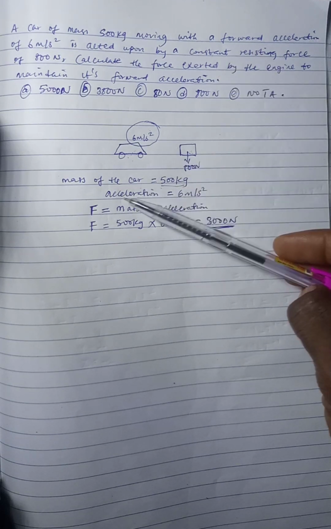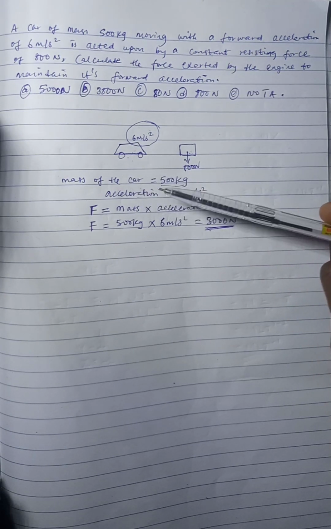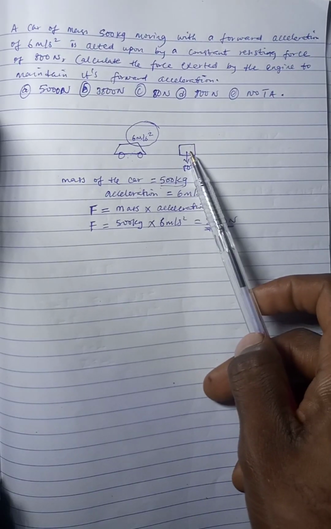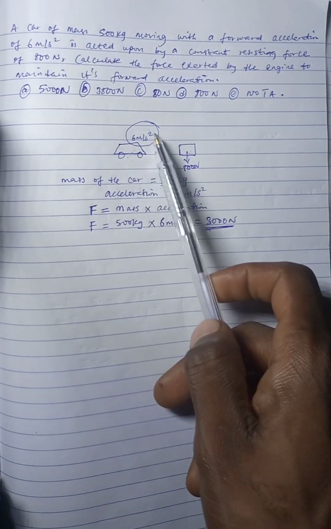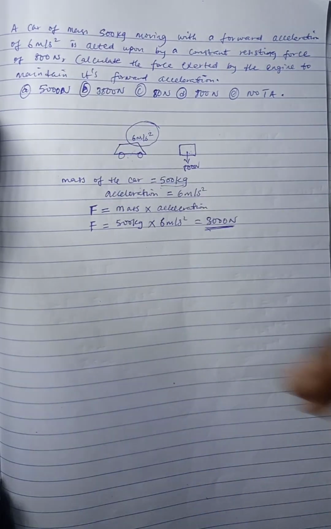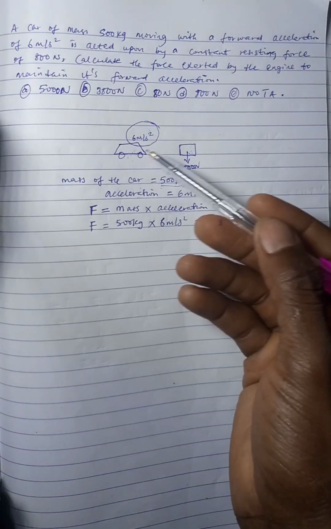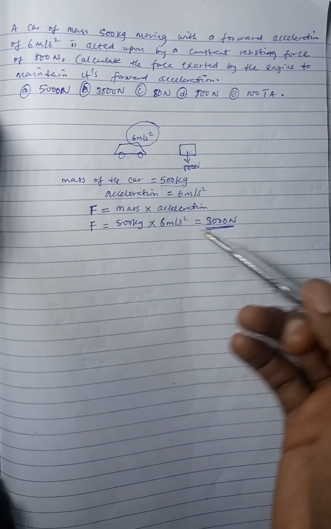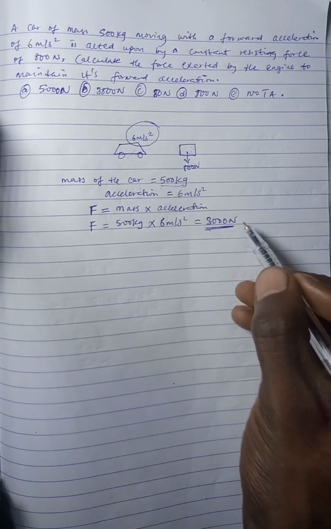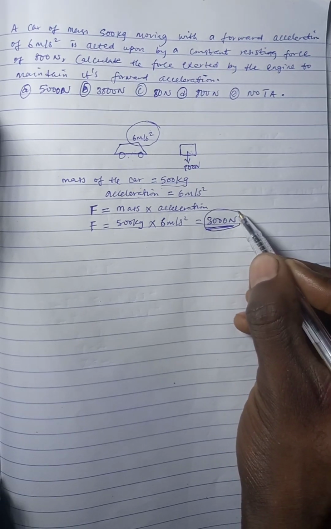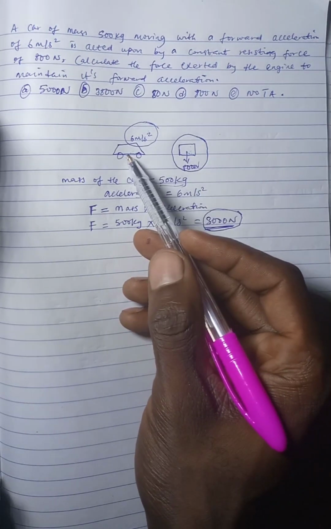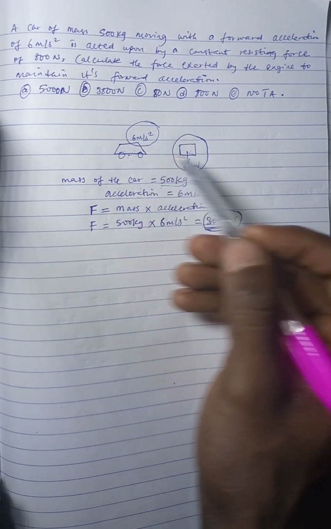Now, we are asked what force the engine has to produce so that when this car hits this object, it will not reduce its speed and its acceleration, and it will maintain the same acceleration. So for this car to maintain the same acceleration, the engine will produce a force equivalent to 3000 Newton and at the same time a force equivalent to 800 Newton, such that when it hits this, it will not look as if it hits something, it will keep on going.